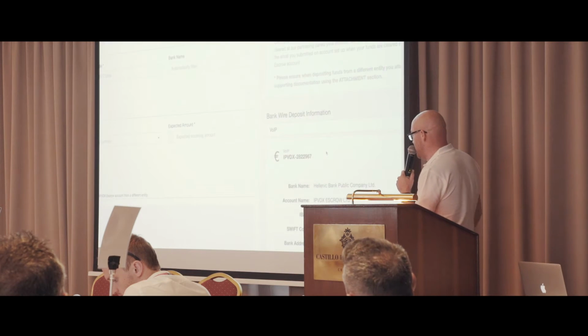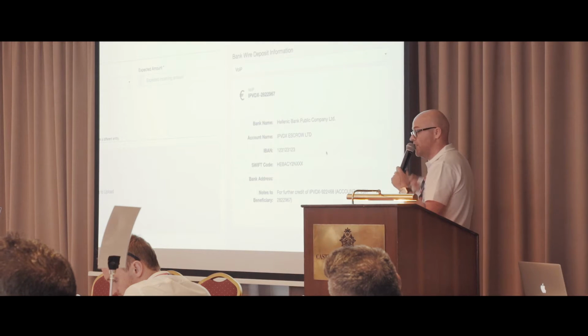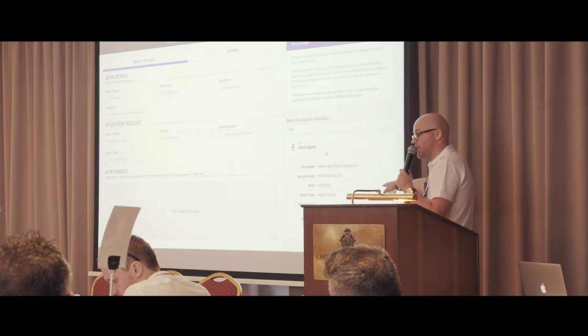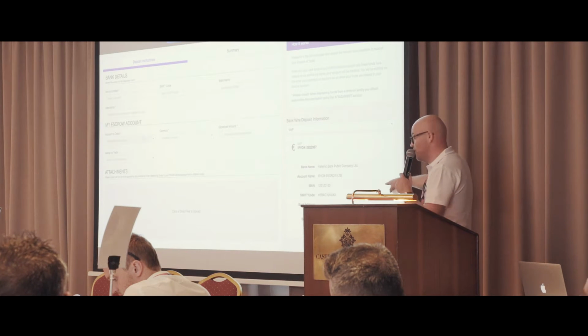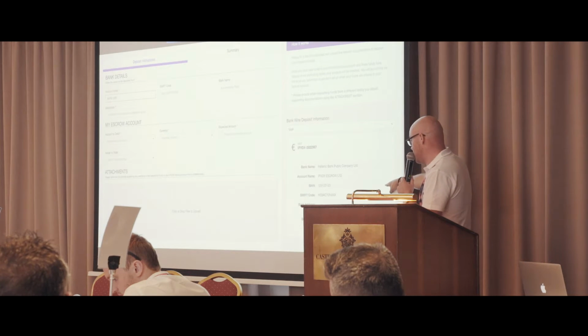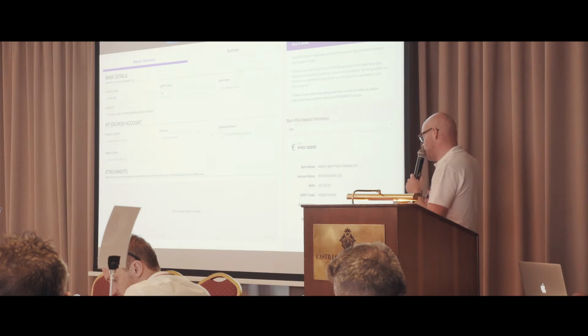For this example, you're at Hellenic Bank, it's IPVDX Escrow Limited, there's your IBAN, your SWIFT code. So now you can deposit funds for further credit of your IPVDX account. That's a call to our banks to make sure we know there's some money coming from VoIP's link, and it's going to be further credited to his account at 922468. So we know as soon as we get it, your account is credited immediately.